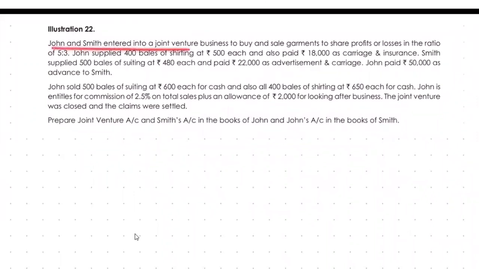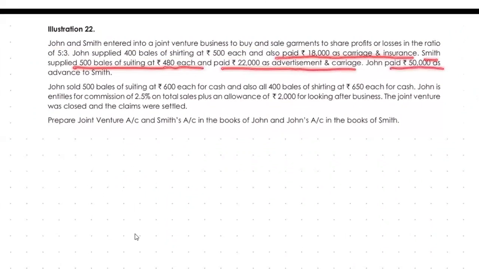John and Smith entered into a joint venture business to buy and sell garments, to share profit or losses in the ratio of 5:3. John supplied 400 bales of shirting at 500 each and also paid 18,000 as carriage and insurance. Smith supplied 500 bales of suiting of 480 each and paid 22,000 as advertisement and carriage. John paid 50,000 as advance to Smith.